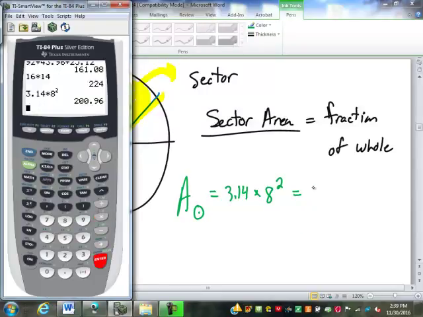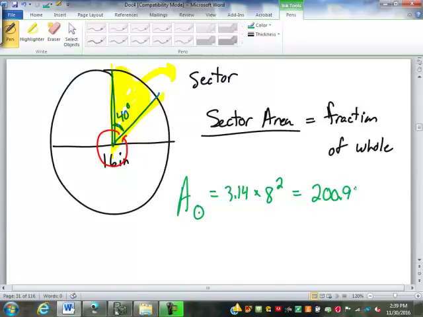There it is. And that is inches squared, or square inches. That's the area of the whole circle. So now we can find that sector area. I was going to put SA, but that's surface area.